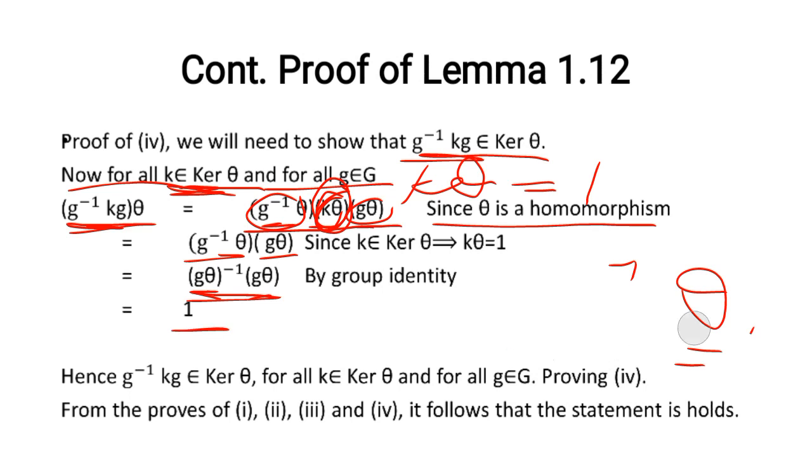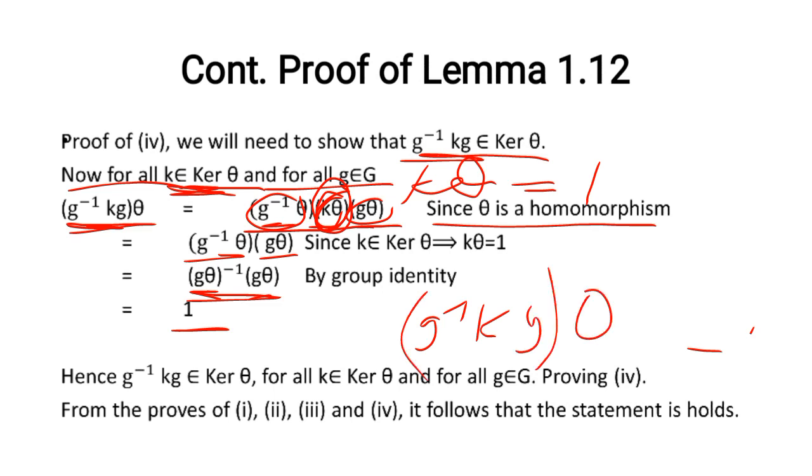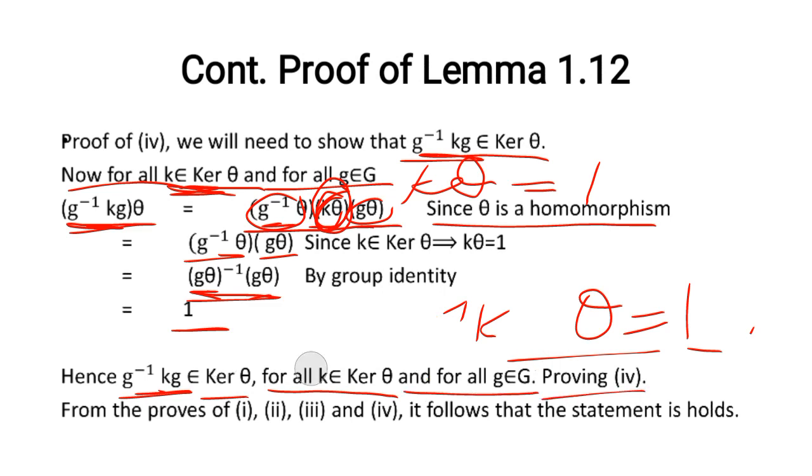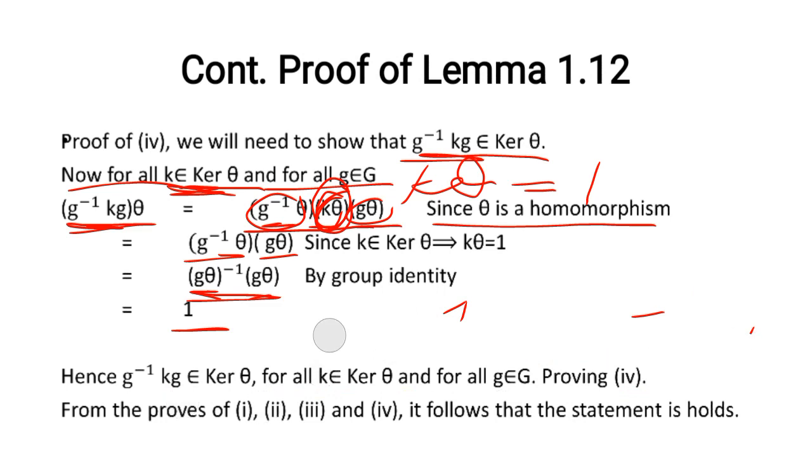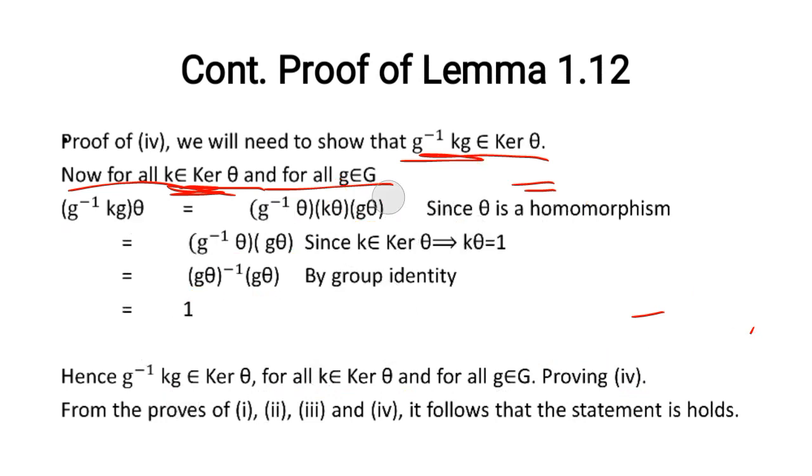Oh, what does that mean? This means that g inverse k g, when theta acts on it, is equal to 1. So if this is equal to 1, it means that this thing lies in the kernel of theta for all k in the kernel of theta and for all g. And so we proved the fourth condition. So we proved the fourth condition, we proved the first, second, and third. And so the statement that the kernel of theta is a normal subgroup holds, and that is all through the proof of that theorem.